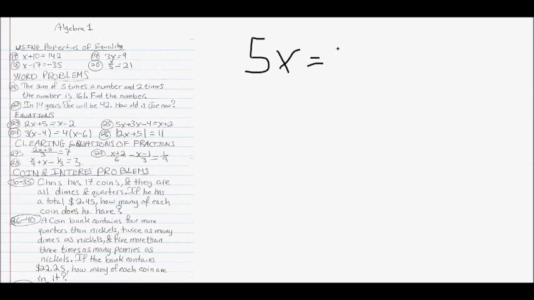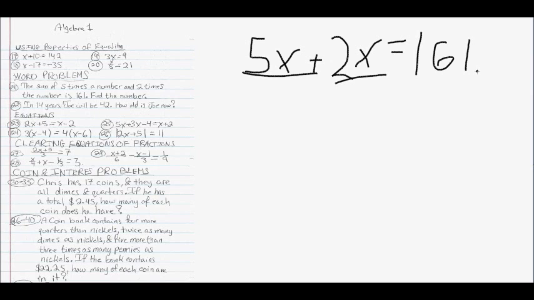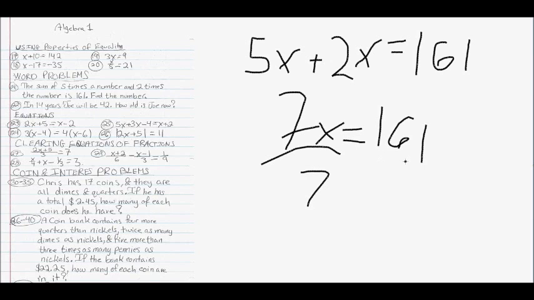The sum of 5 times a number, so 5x, and 2 times the number is 161. When the word sum is used, it means addition. So 5x plus 2x is 7x.